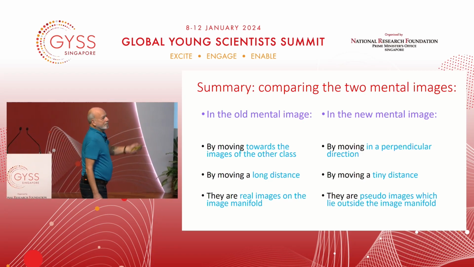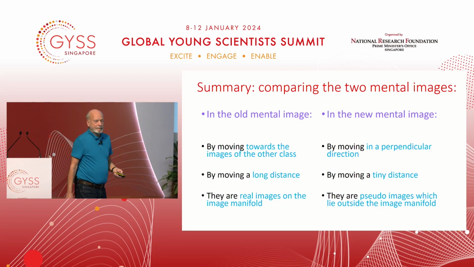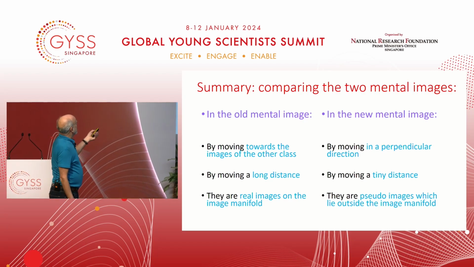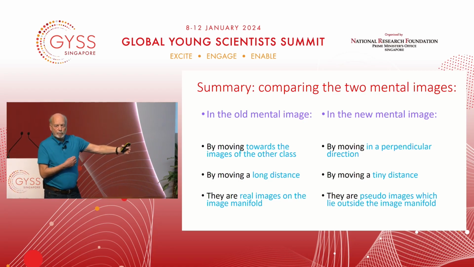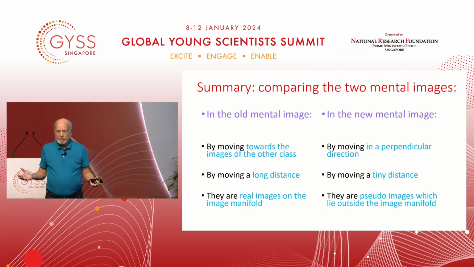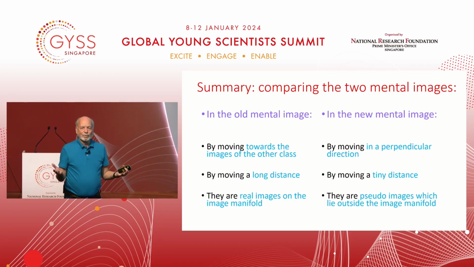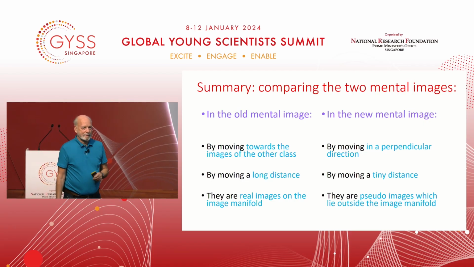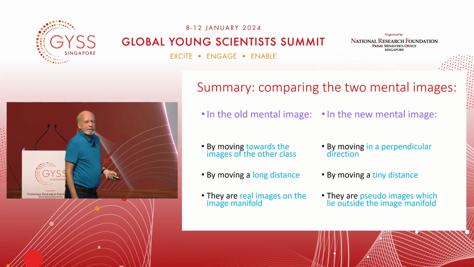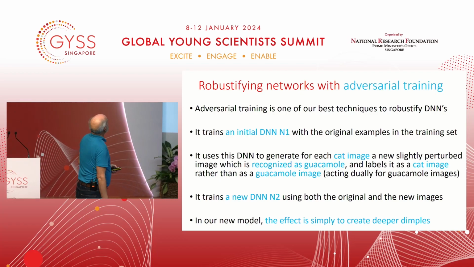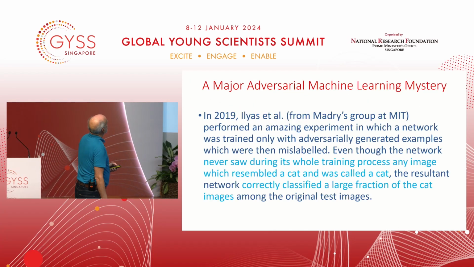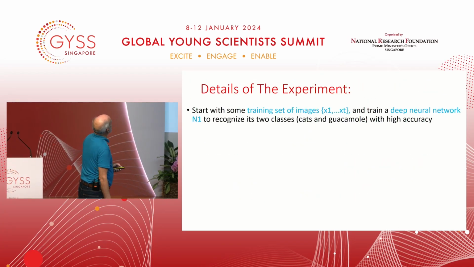In the new mental image, I move a tiny distance. In the old mental image, I was moving in the direction of real cats, real guacamoles. In the new one, I create pseudo-images which have nothing to do with the properties of guacamoles. Okay, there are many other things which are explained by the theory, but I'm running out of time. So I'll skip it.